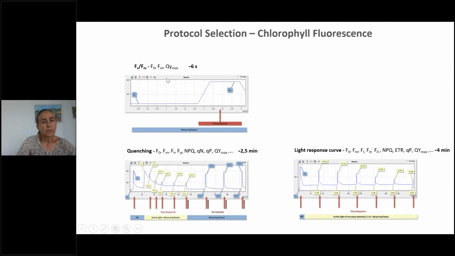Another point that is important to mention is the duration of the protocols. When speaking about not single plant level measurement, but multiple plant level measurements in high throughput phenotypic systems, there is always a compromise needed with respect to how much information I gain in the time that I need to perform the measurements.